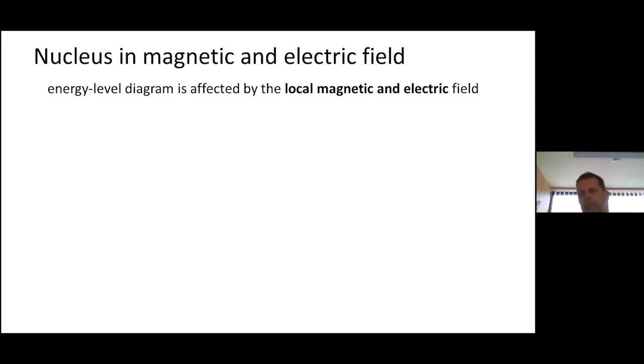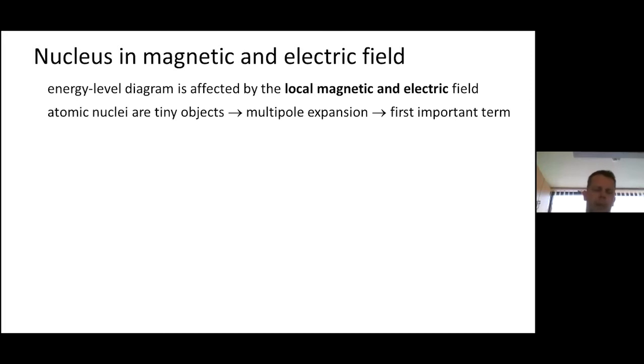Now, of course, to understand what NMR spectra tell us about the local structure, we need to understand how these local magnetic fields affect the NMR spectra. For this reason, we need to take a look at how these magnetic fields affect the energy level diagram of atomic nuclei.